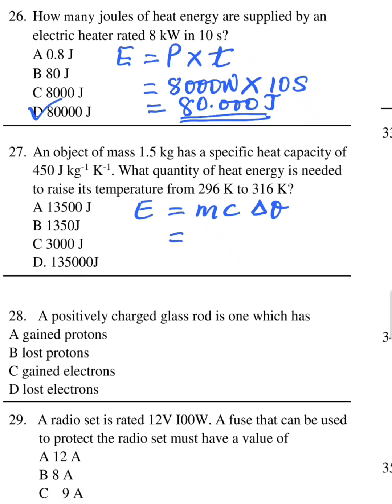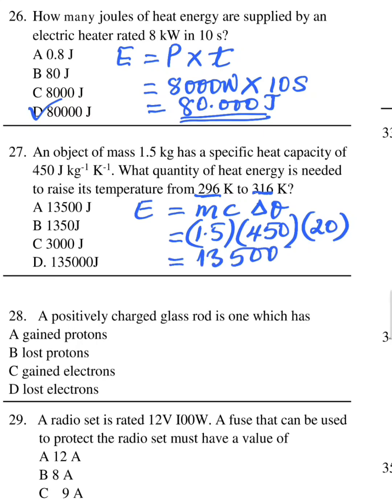So we have the mass, which is 1.5, times the specific heat capacity, which is 450, times the temperature change, which should be 316 minus 296, which gives 20, which corresponds to 13,500 joules of thermal energy, corresponding to option A.